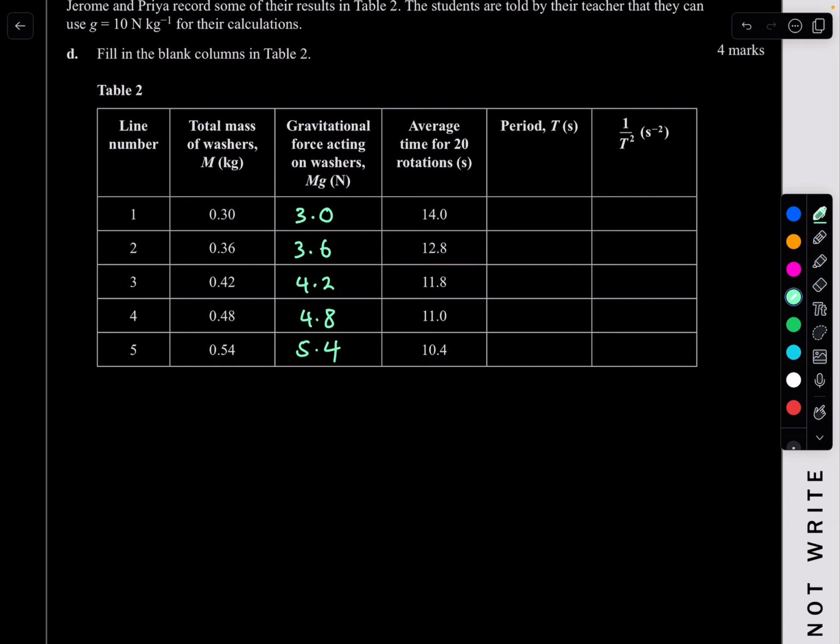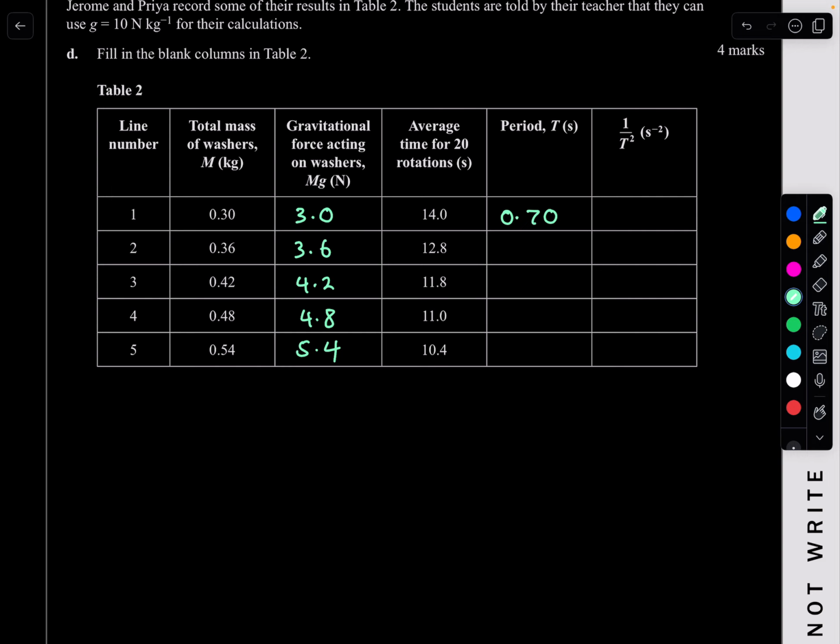Basically, we want to calculate the period. Be careful. Period is the time it takes for one full rotation, not 20 rotations. So you basically have to divide all these by 20 to get the period. So 14 divided by 20 is 0.70.